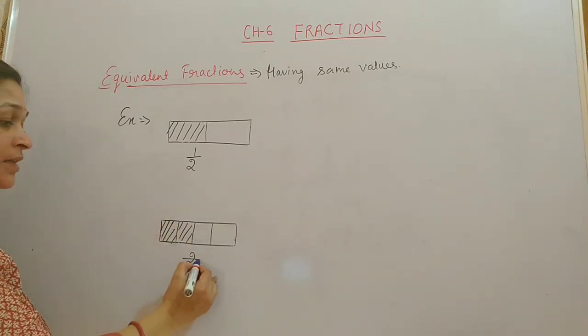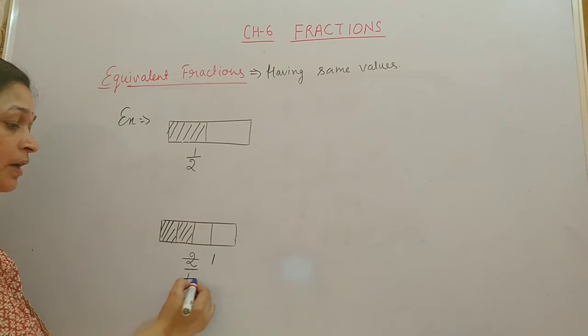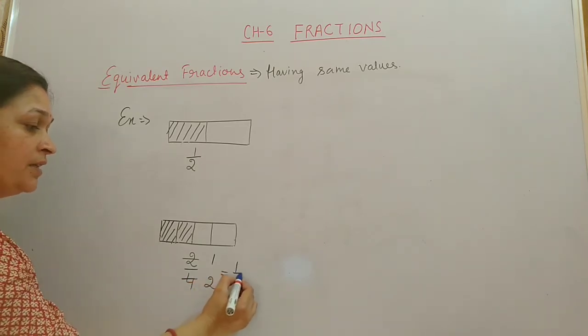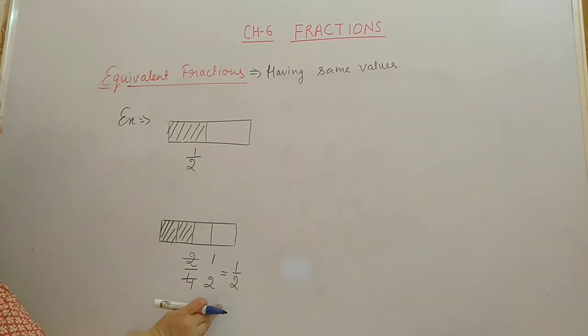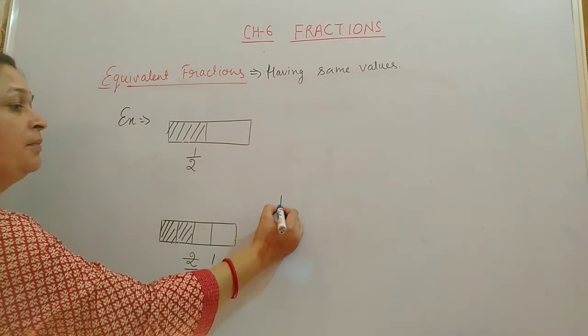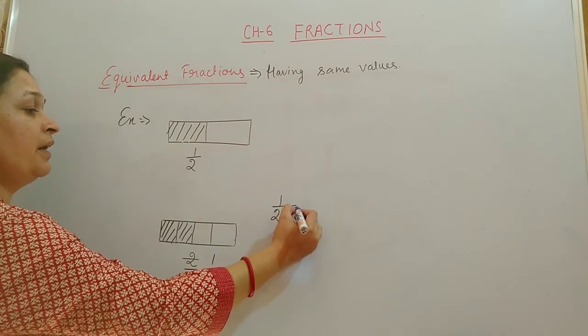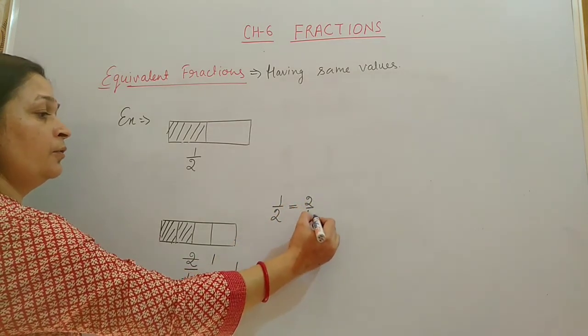If you do the cancellation by 2 (2 ones are 2, 2 twos are 4), you will see the value is the same. So these two fractions are equivalent fractions. 1 by 2 is equivalent to 2 by 4.